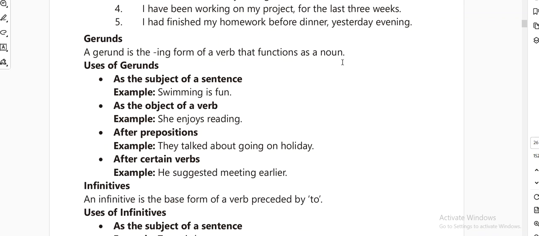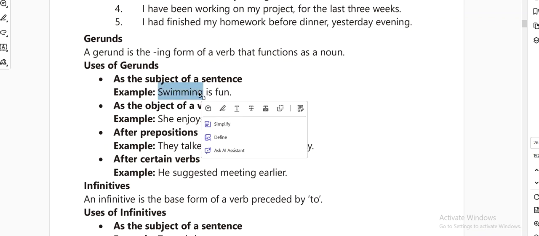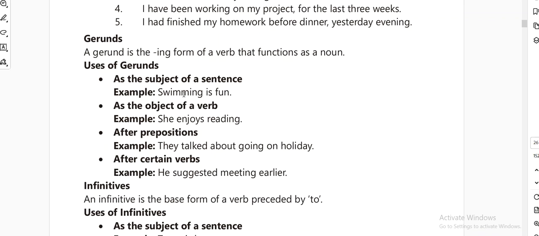But if I say swimming is fun, here the word swimming, again an ing word, is working as a noun. It is telling us about an activity or a hobby, so here it can be considered a gerund. So simply, a gerund is the ing form of a verb that functions as a noun. Okay.